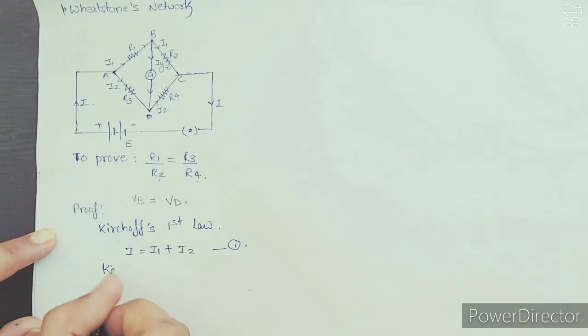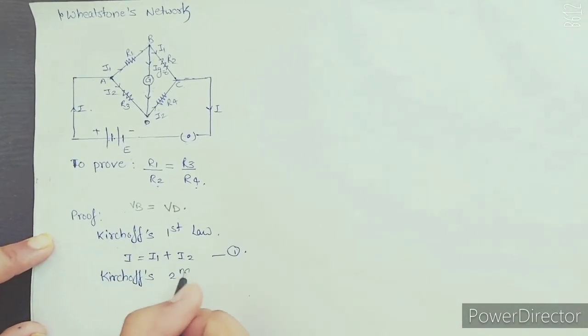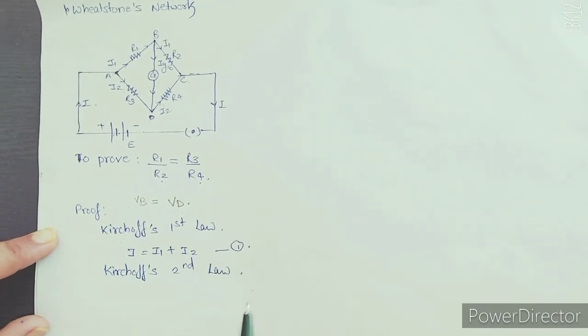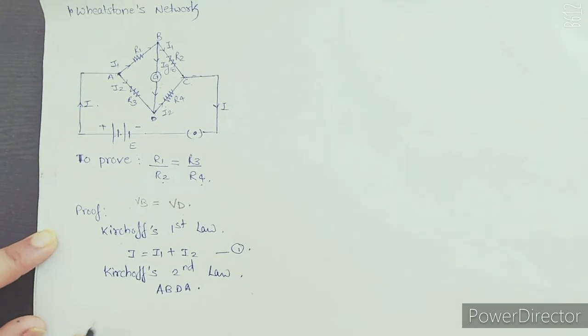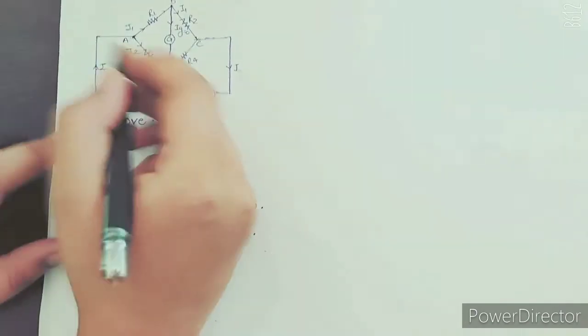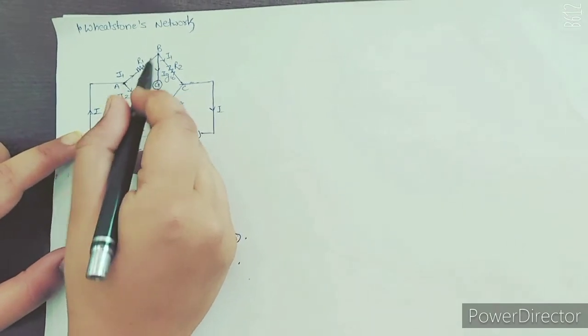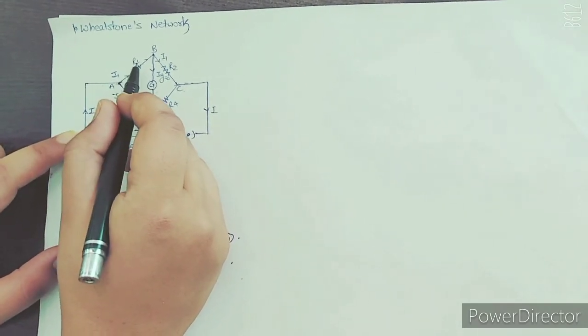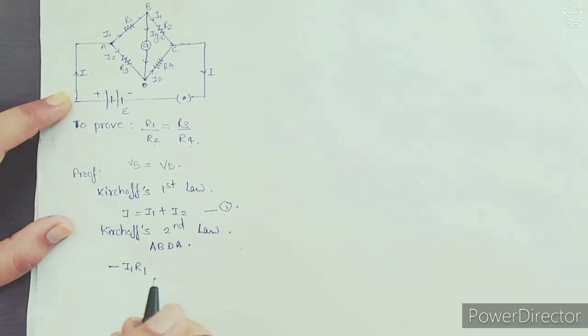I apply Kirchhoff's second law along loop ABDA. As my traversing direction and the flow of the current are the same, my expression would be minus I1 R1.